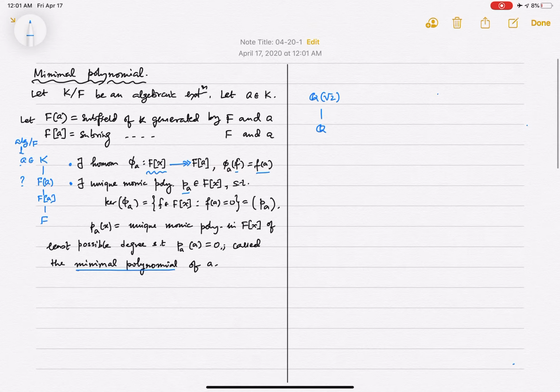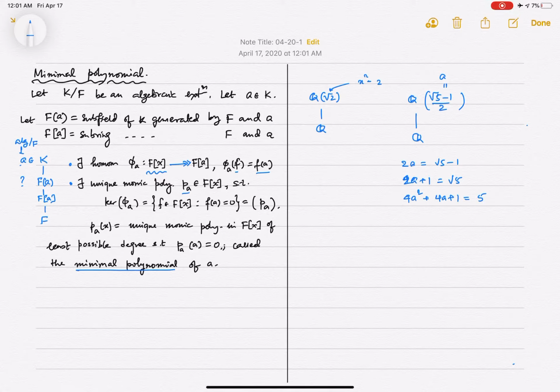To give an example, the minimal polynomial of this is x squared minus 2. If you take something more fancy, like this, let's say that's a. Then 2a is root 5 minus 1, so 2a plus 1 is root 5. If you square both sides, 4a squared plus 4a plus 1 equals 5.